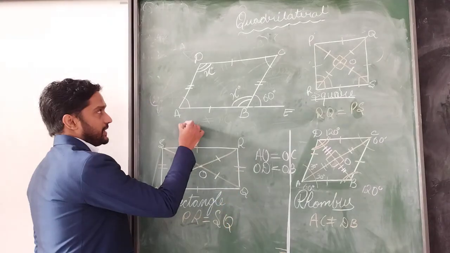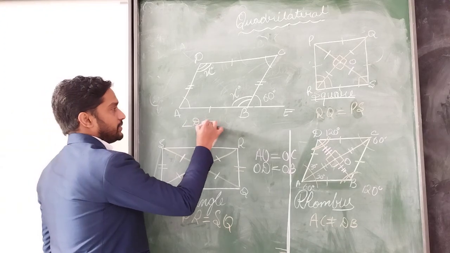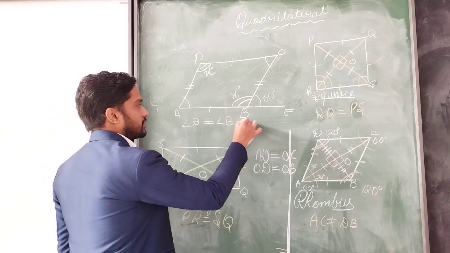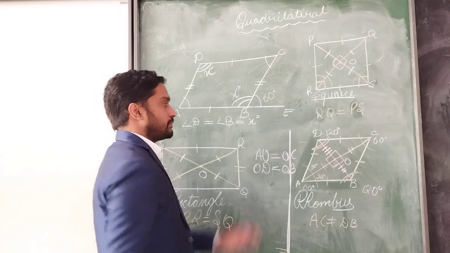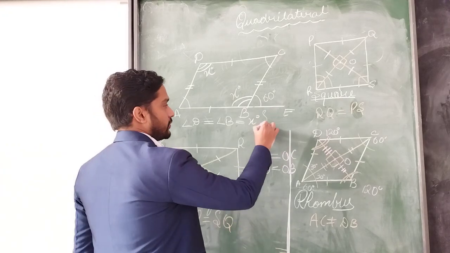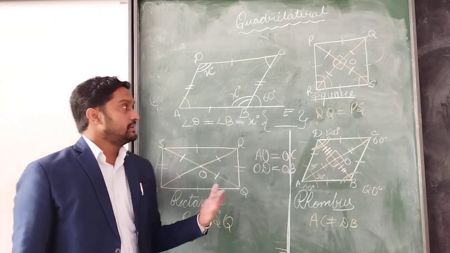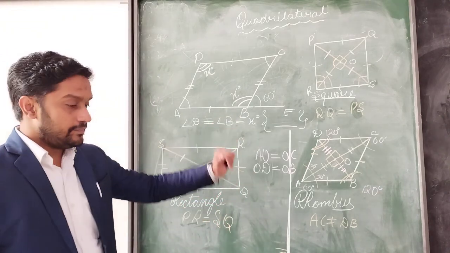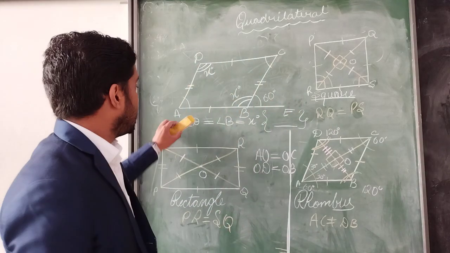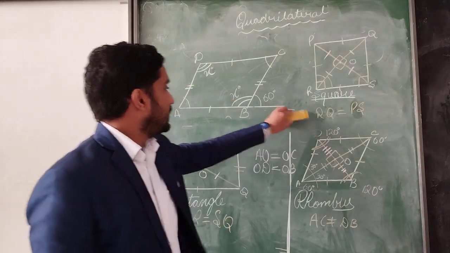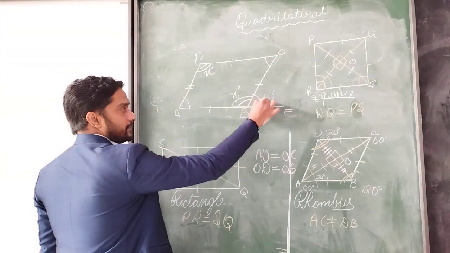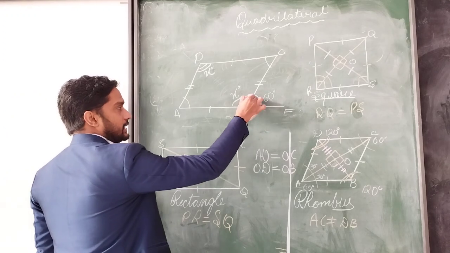We can mention in parallelogram ABCD, angle D equals angle B equals x degrees, because in a parallelogram opposite angles are equal. Now on the basis of parallel lines and angle properties, this angle is given as 60 degrees and we have to find the angle x.